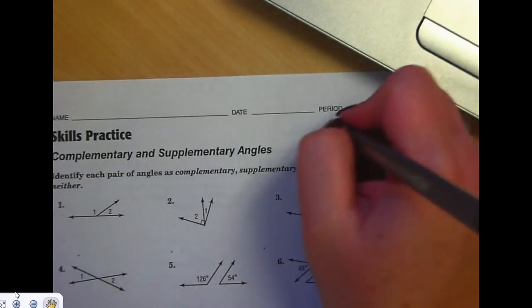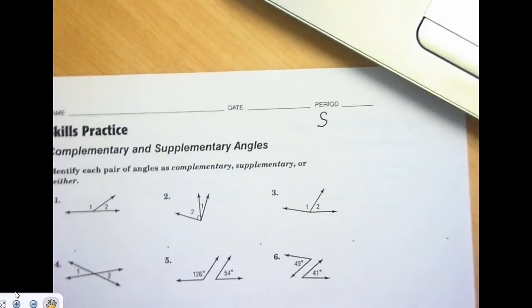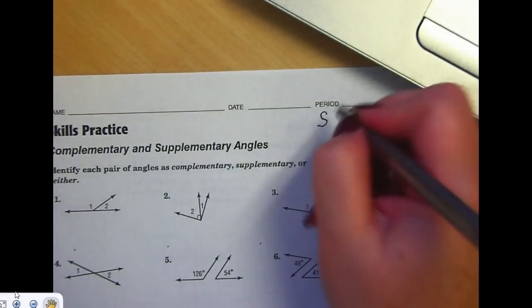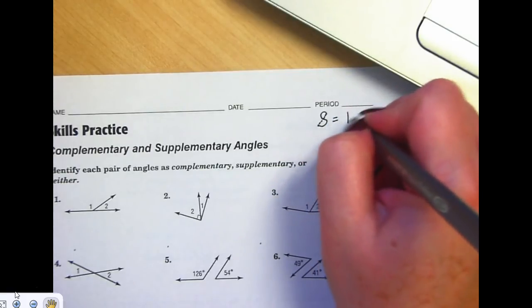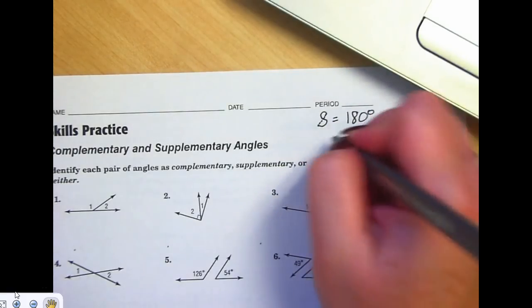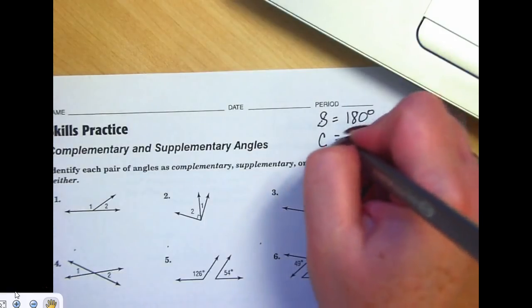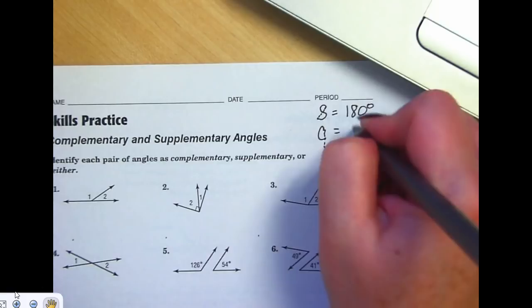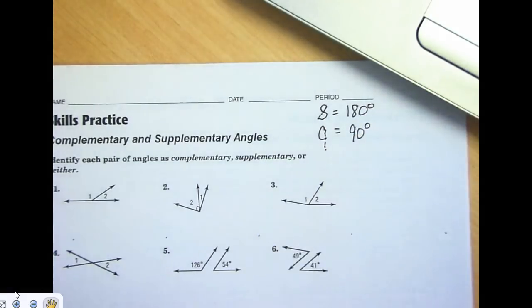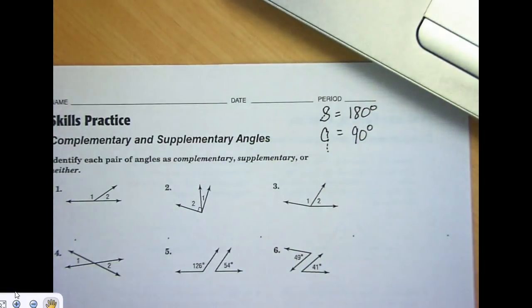Okay, so I might, at the top of my paper, write supplementary with an S. Remember, if I turn that S into an 8, what is supplementary? 180 degrees. Complementary with a C, if I turn that into a 9, what is that? 90 degrees. So I might write that hint on the top of my paper.